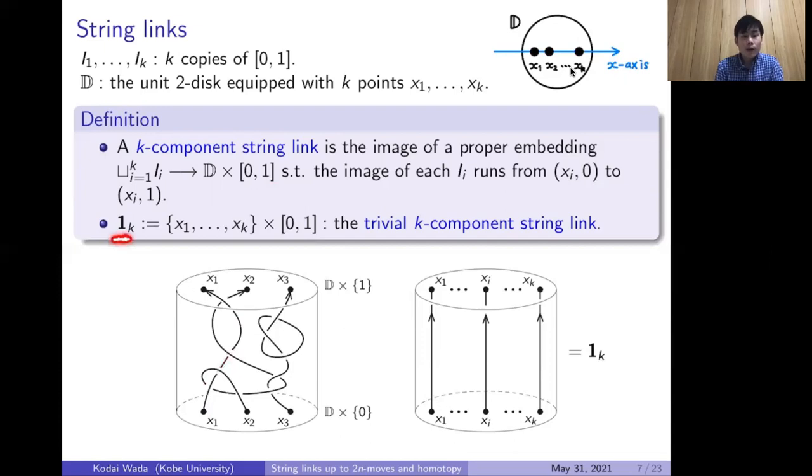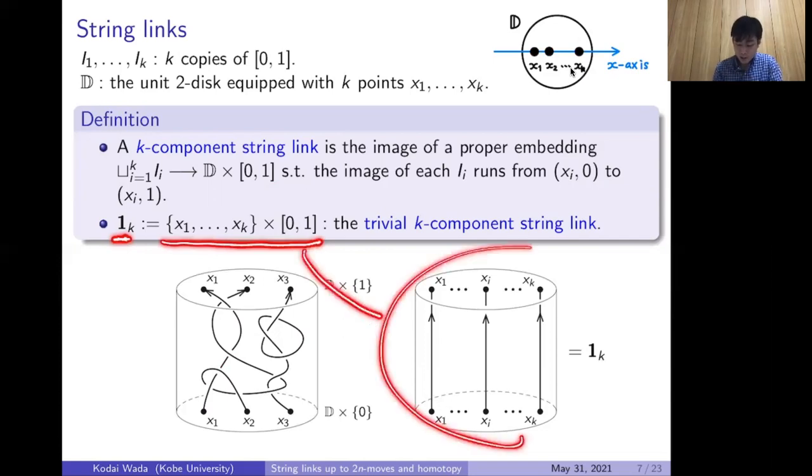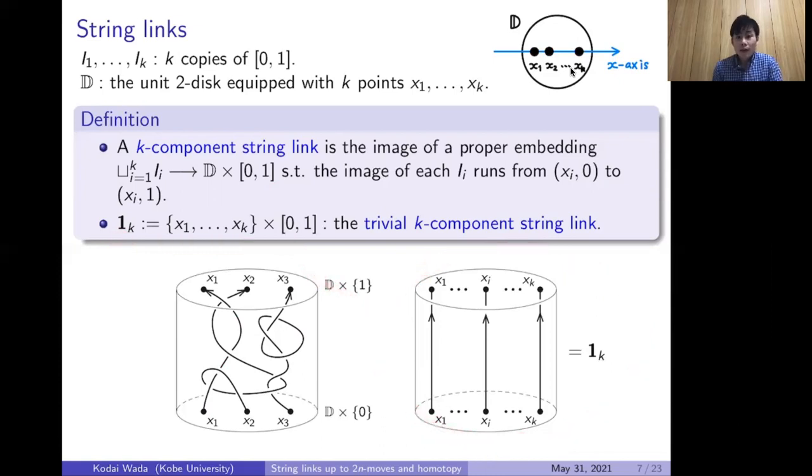We denote by 1k this k-component string link, which is shown here. And we call 1k the trivial k-component string link. This is the definition of string links.